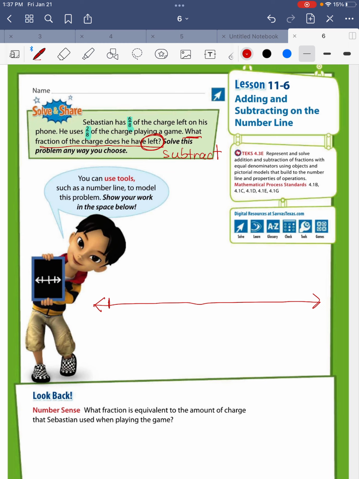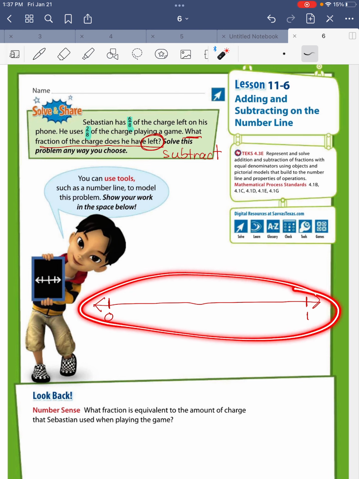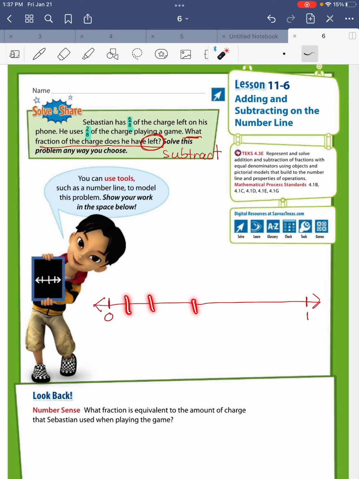So of course, we start with 0. At the end of our number line, we have 1, okay? Because remember, this is one whole, but I'm cutting it into parts. So 0, then it's 1/8, then it's 2/8, then it's 3/8, then it's 4/8, 5/8, 6/8, whoops, 4/8, I just noticed I made this.